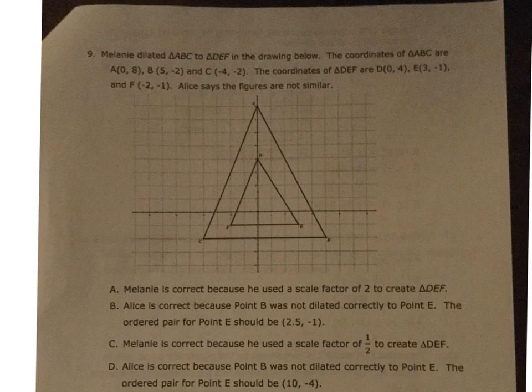Okay, this one, Melanie's dilating triangle ABC to DEF. So going from ABC to DEF, it gives you the coordinates of ABC and the coordinates of the dilated figure. Alice says the figures are not similar. So if Alice says they're not similar, Melanie's saying that they are similar.